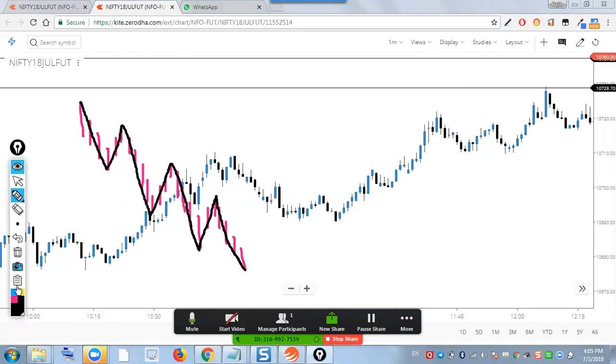The opposite can happen at the same time: 1, 2, 3, 4 coming down, 1, 2, 3 maybe, then coming down, then some more candles. So you go like 1, 2, 3, 4, 5, 6, 7. So these are the 2 different kinds of structure.